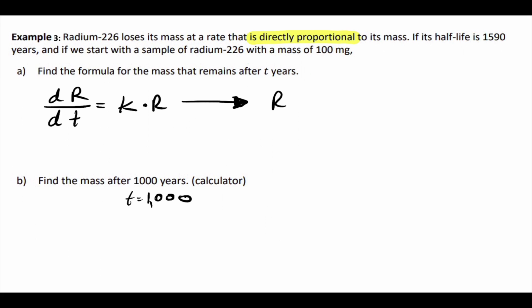Yeah, M equals or R equals. That's what we would get. That's the place you always start if you're doing these problems. You always start with that. So now I have R or M, whatever you were using for radium mass, and t.